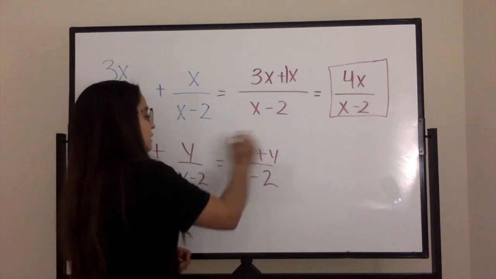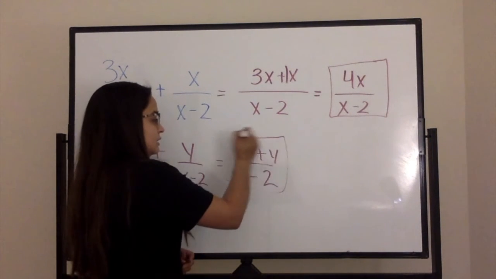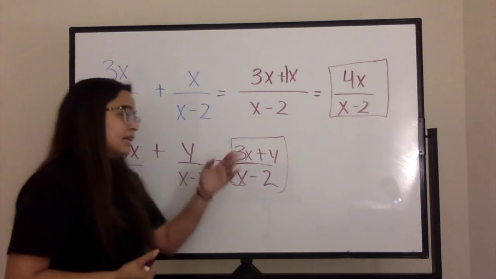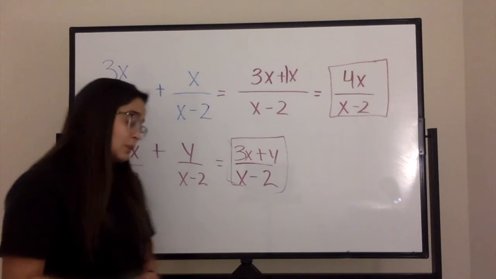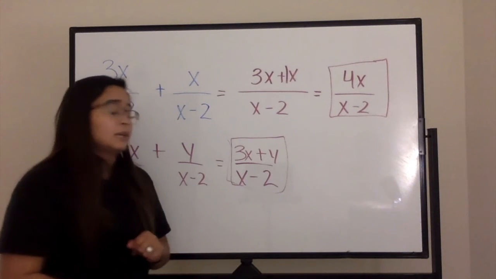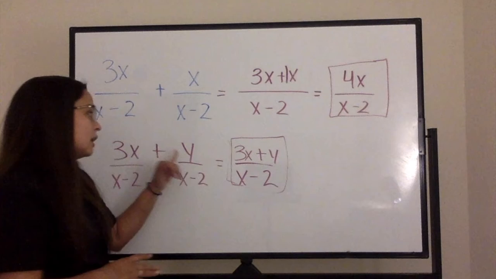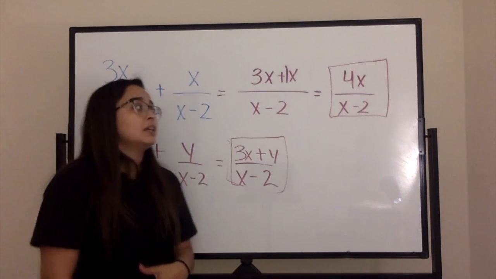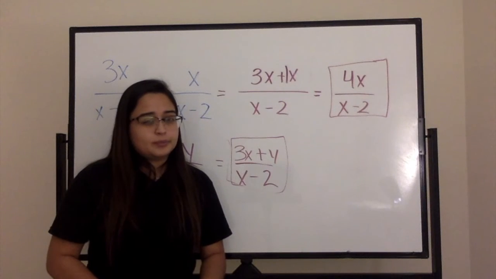This would actually be our final answer in this case. Why? Because we can't combine an x and a y because we don't know what the variable value is. So that would be our final answer in the case that our variables in the numerators were different. Okay? That's just so you know.